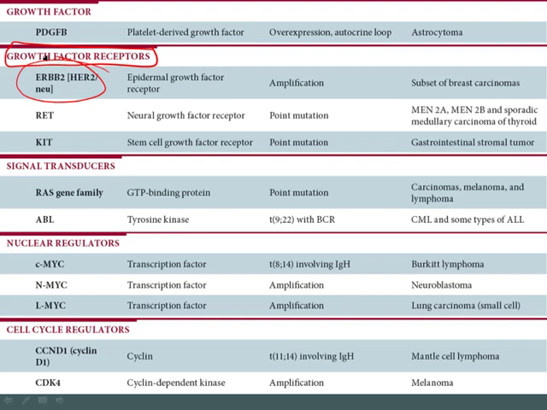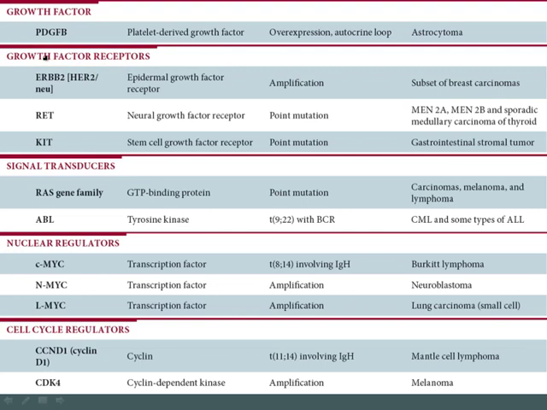We could ask: which of the following tests would be important to perform in order to determine whether or not she should be treated with the drug? A, estrogen receptor, B, progesterone receptor, C, HER2/neu, etc. And obviously the answer would be HER2/neu. So it's important to be familiar with, and I would basically say that in a subset of breast cancer, there is amplification of the HER2/neu growth factor receptor. That's an important growth factor receptor to be familiar with.